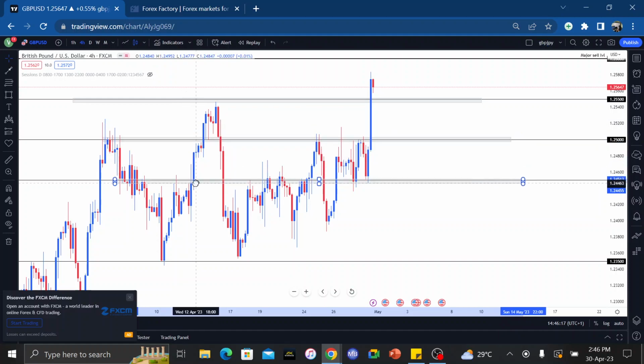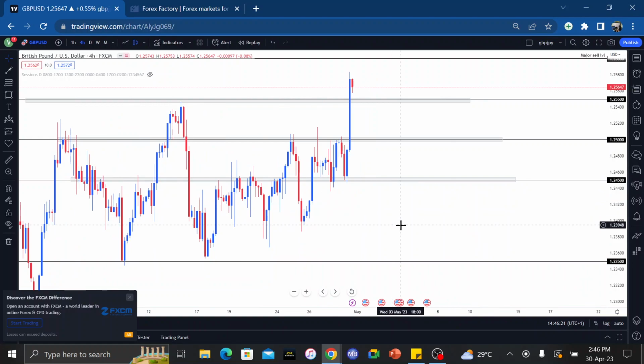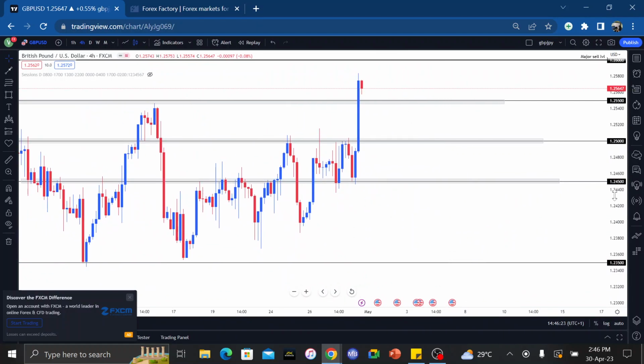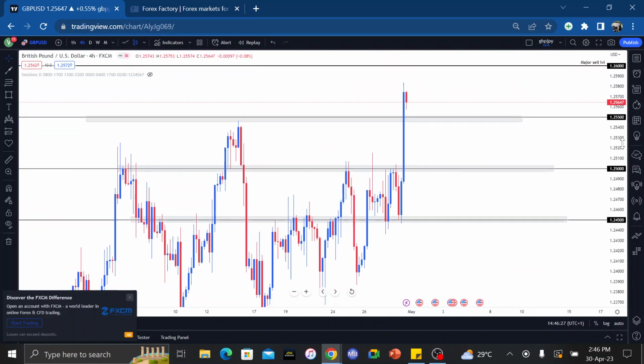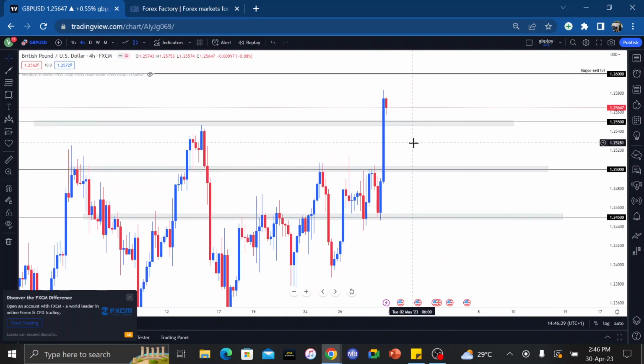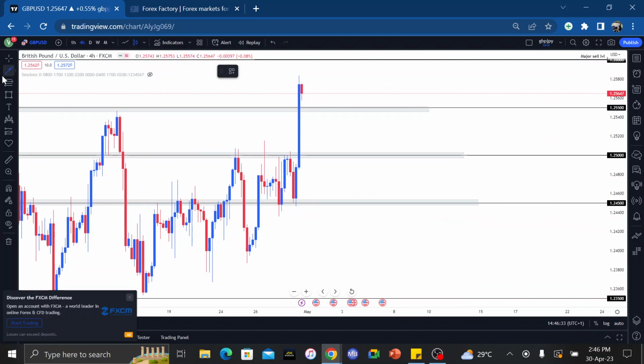Like this price action, they're just clean and sweet. So these are buy areas or key areas of interest where you can look for potential buys to the upside.